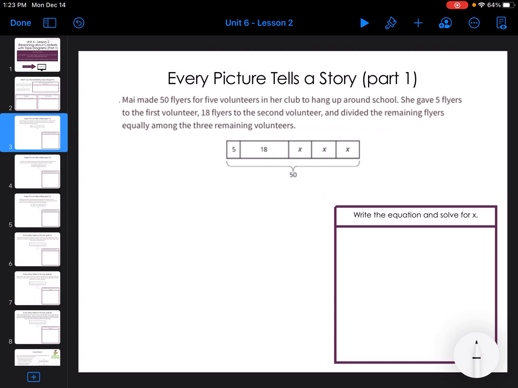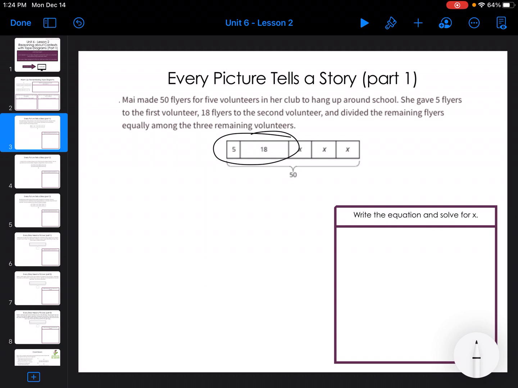All right, so every picture tells a story. So it says, Mai made 50 flyers for 5 volunteers in her club, she hung up around school. She gave 5 flyers to the first volunteer, 18 to the second, and divided the remaining flyers equally among the 3 volunteers. So if I wanted to figure out what X is, I know I'm going to put that together.